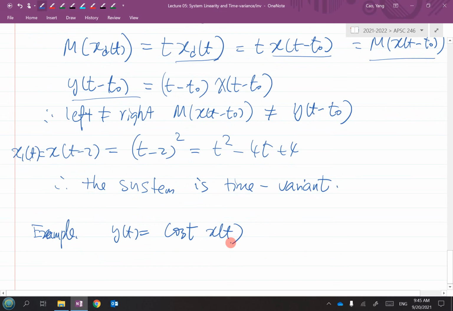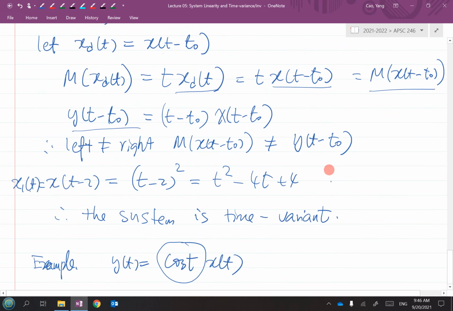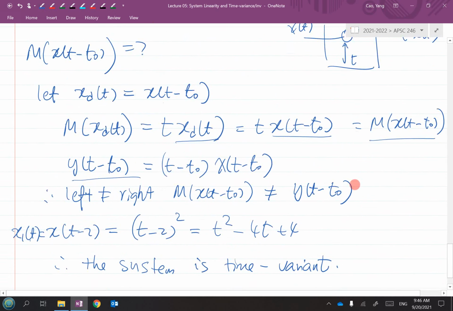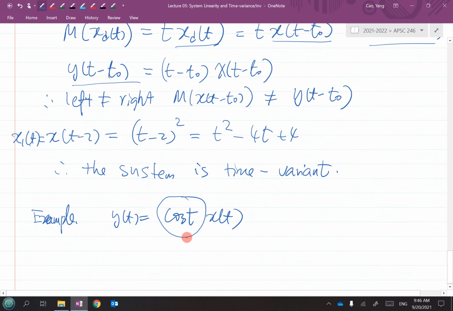Yes. Time-variant, right? The only difference is this is cosine t, and this is t. But if you look at this one here, the t and cosine t, both of these are time-varying quantities, and they're not part of the input x.